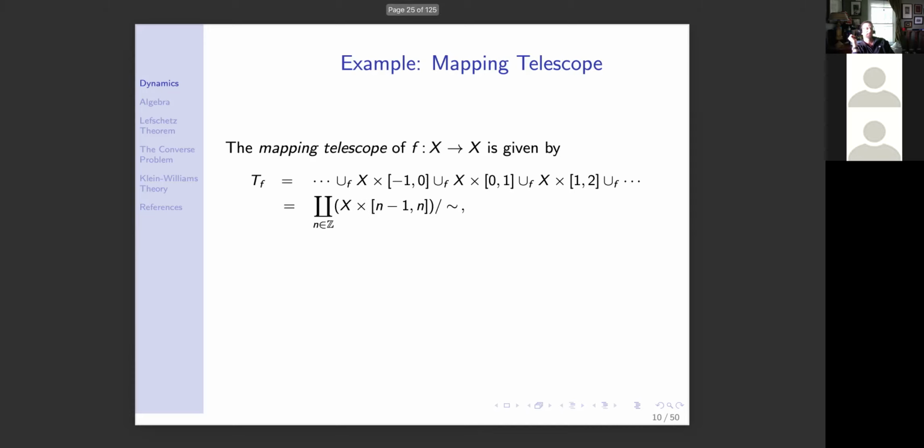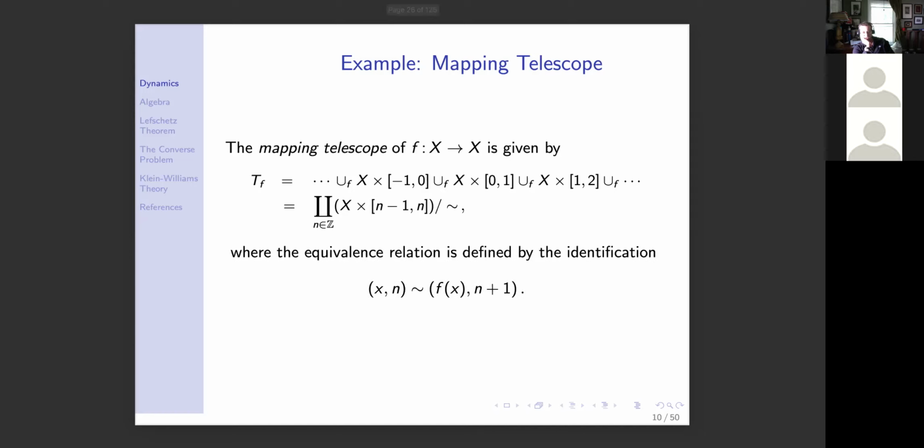In other words, we take the disjoint union over all integers n of X Cartesian product with the unit interval [n minus 1, n]. And we divide out by an equivalence relation, where (x, n), n an integer, is identified with (f of x, n plus 1). That's the identification. This is called the mapping telescope.